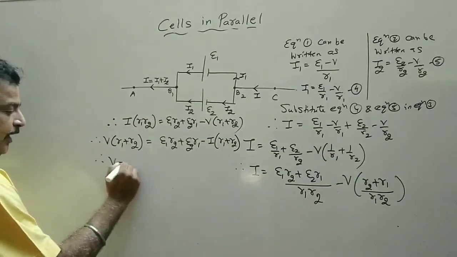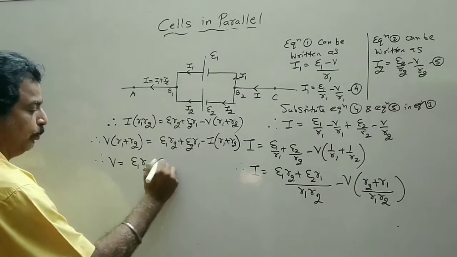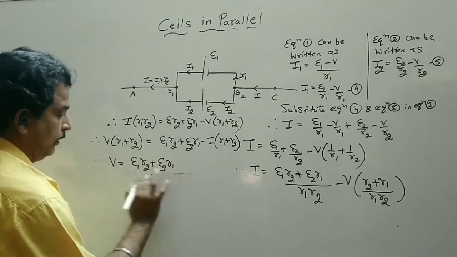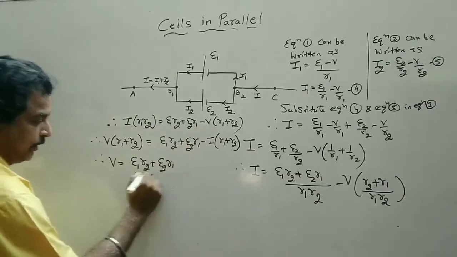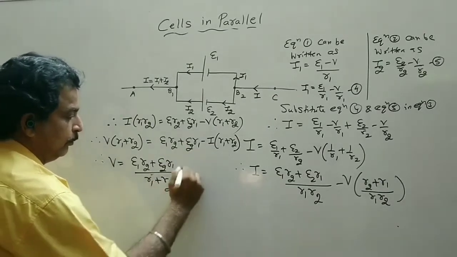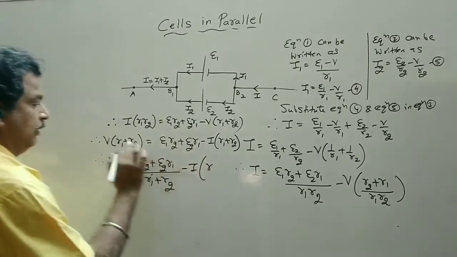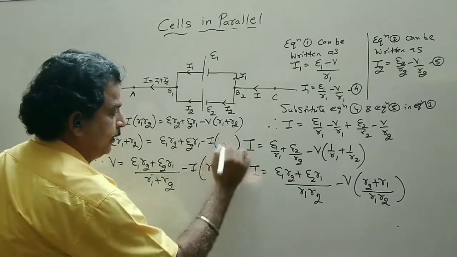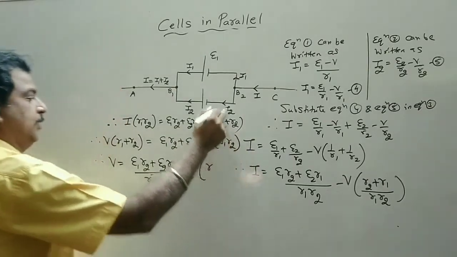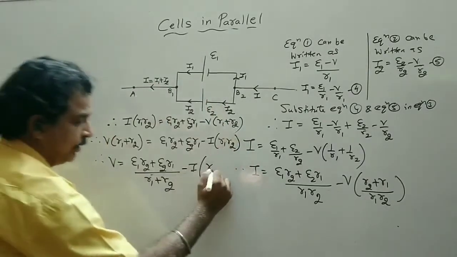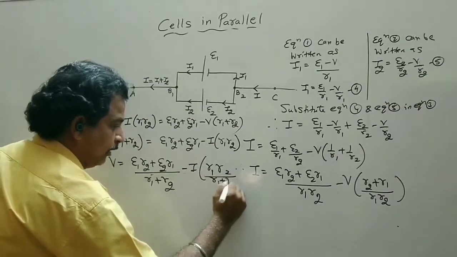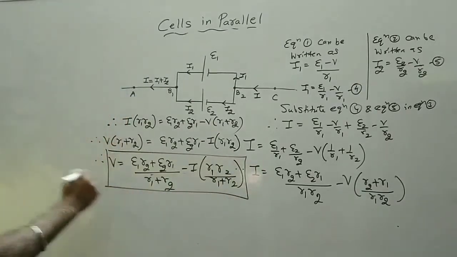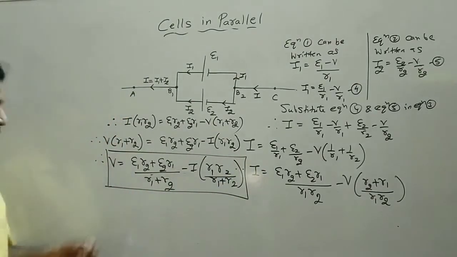Therefore V is equal to (E1 R2 plus E2 R1) upon (R1 plus R2), minus I, and this is R1 R2 upon R1 plus R2. So this is taken to this side in the denominator, I is taken to this side, so R1 R2 upon R1 plus R2. So these are simple mathematical steps. So now what is V?